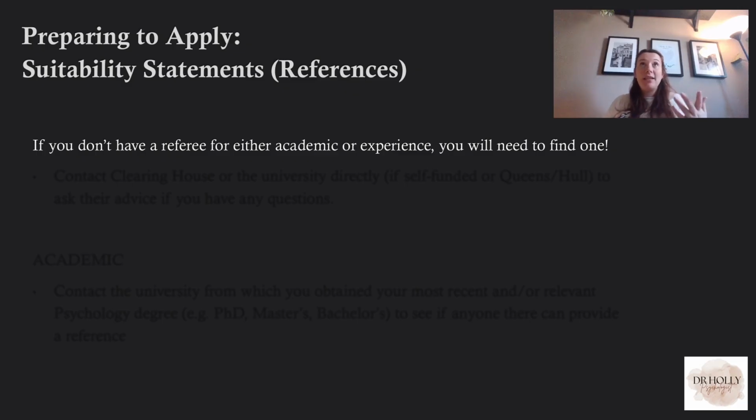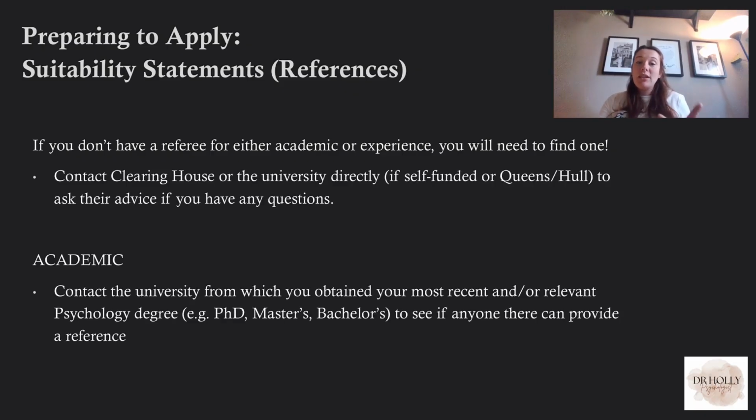One of the things I say is try and contact the university. Contact the university from which you obtained your most recent and/or relevant psychology degree to see if anyone there can provide a reference. Or you can also email them saying, hello, I was supervised by this person. Do you have a forwarding email address for them? I'm trying to get a reference. That can help, definitely, and it's something I would do early.